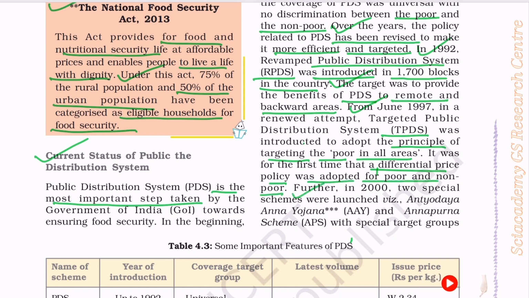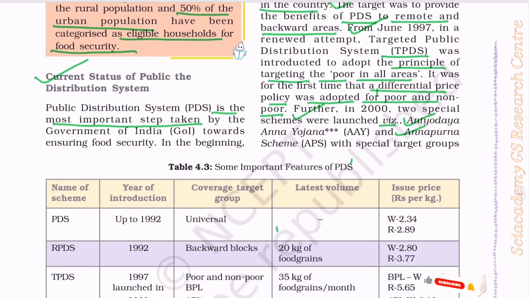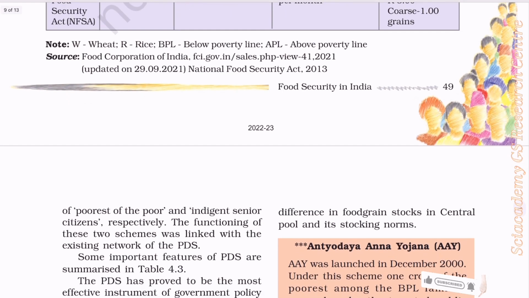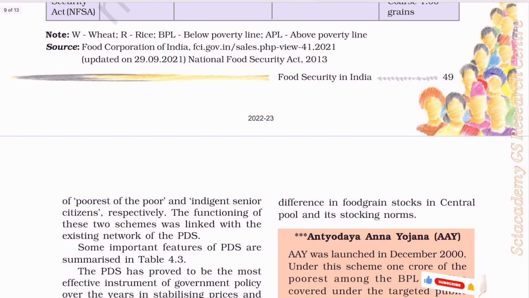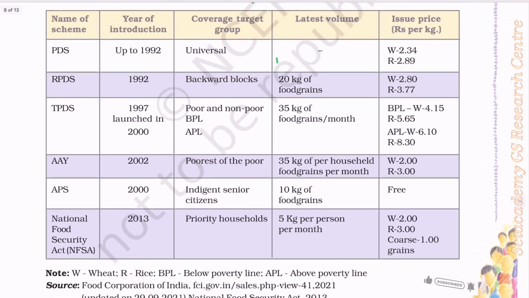Further, in 2000, two special schemes were launched, namely Antyodaya Anna Yojana (AAY) and Annapurna Scheme (APS), with special target groups of poorest of the poor and indigent senior citizens, respectively. The functioning of these two schemes was linked with the existing network of the PDS. Some important features of PDS are summarized in Table 4.3.